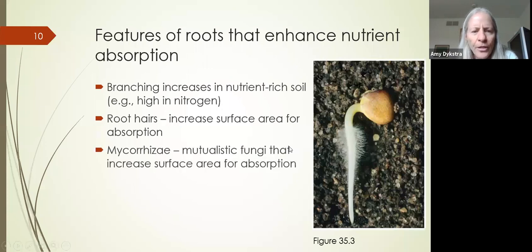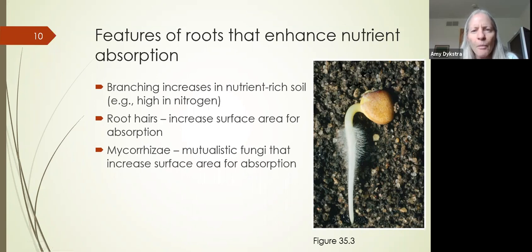And then the third thing is that many plants, probably most plants, have a mutualistic relationship with specialized fungi that increase the surface area for absorption. And these fungi are called mycorrhizae. The prefix of this word, myco, means fungus, and the rhiz part means root. So this literally means fungus root.